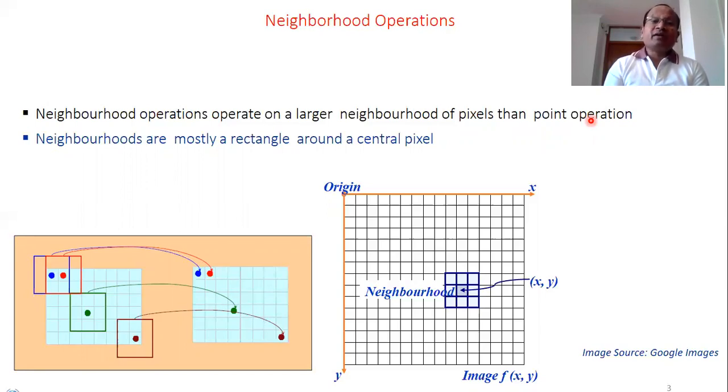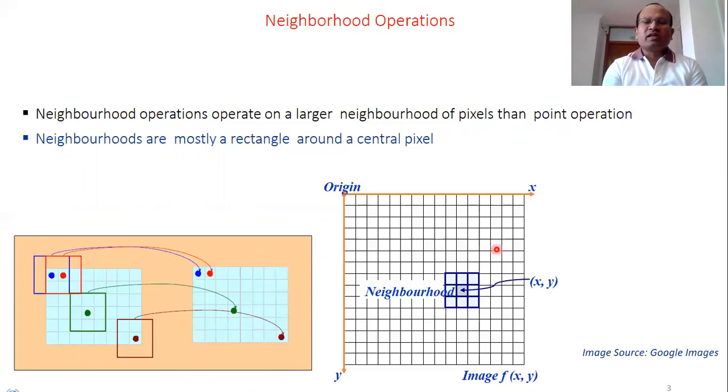Whereas in a neighborhood operation, we take a larger neighborhood of pixels as compared to a point operation. The neighborhoods are mostly rectangular, around the central pixel.